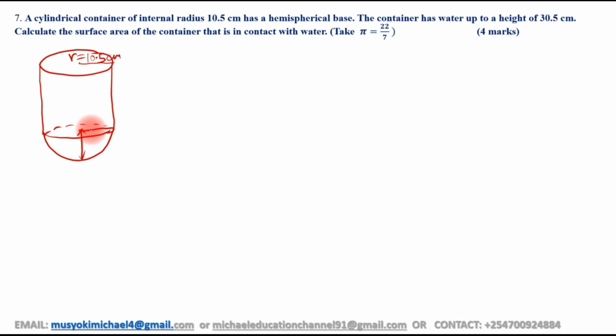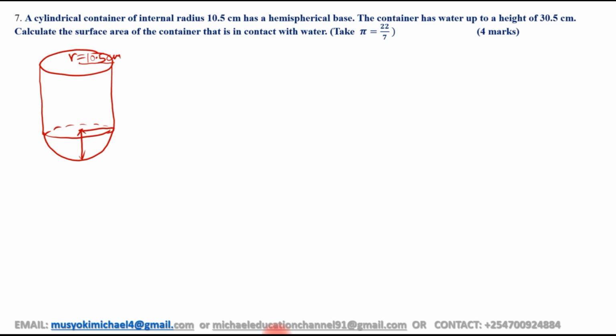The other information that we are given, the container has water up to a height of 30.5 centimeter. So we need to calculate the surface area of the container that is in contact with water.